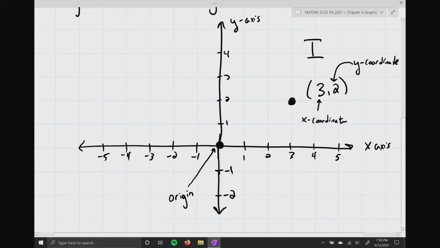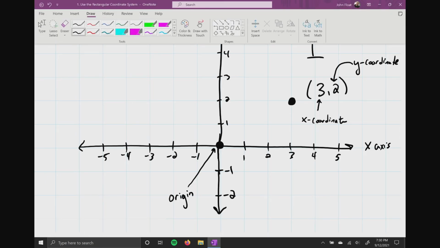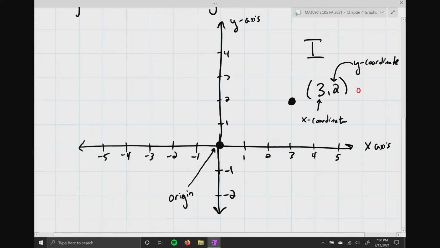And when you have a point with the name 3, 2, we call that an ordered pair. Meaning, ordered, x comes first, y comes second, pair, 2 numbers, and they're always together, okay?